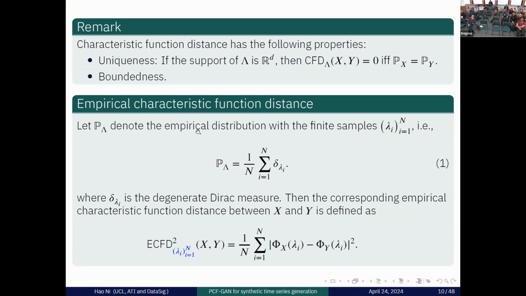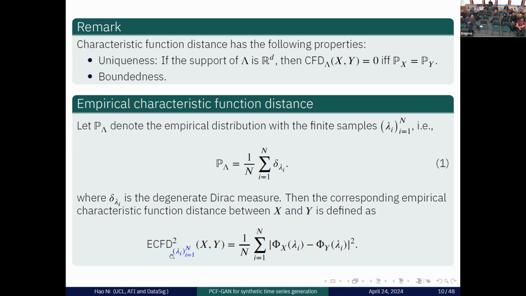So how can we use this CFD distance for GAN training? The idea is actually quite natural. We use the empirical distribution with a finite sample, a collection of lambda i, to approximate this capital Gamma in a non-parametric way. Then the corresponding empirical CFD distance reduces to this average formula.